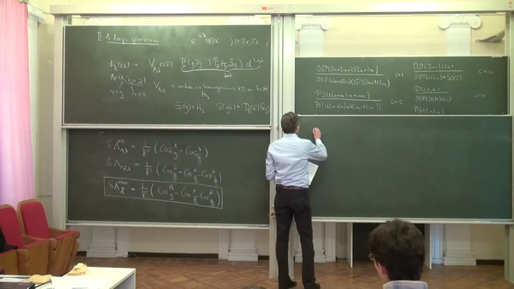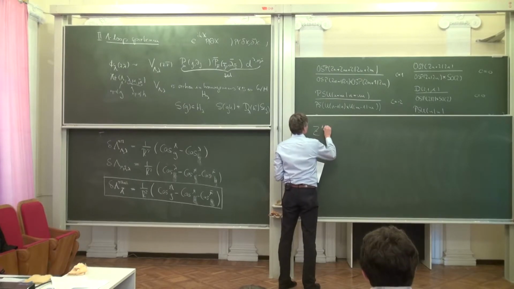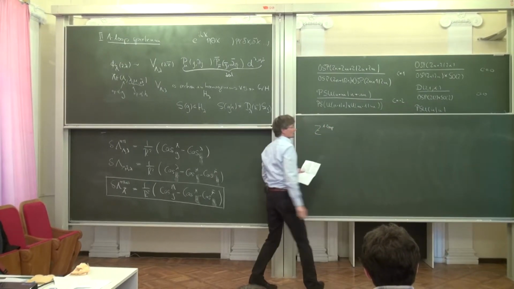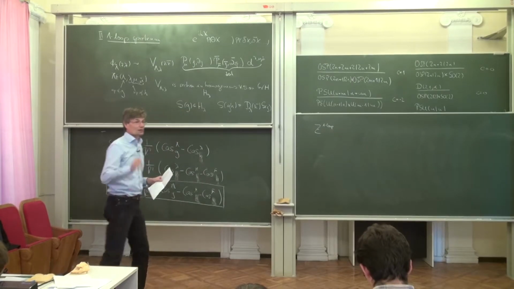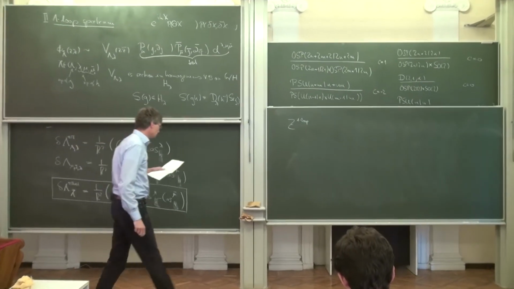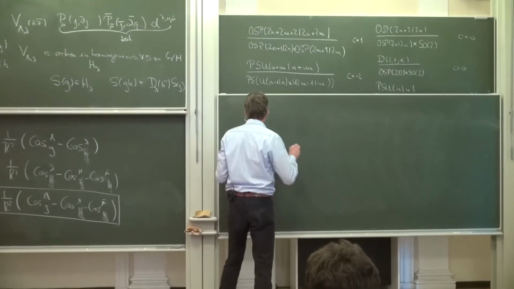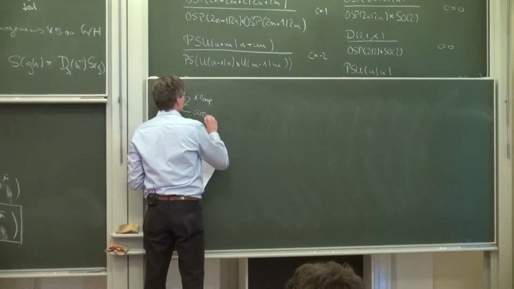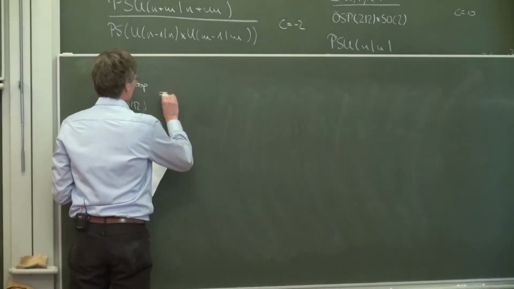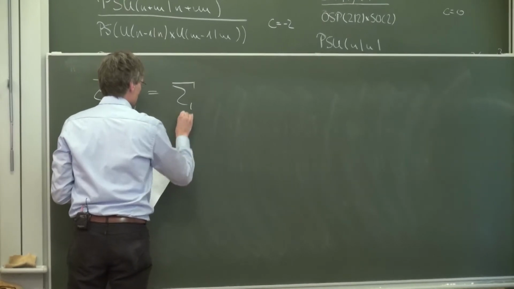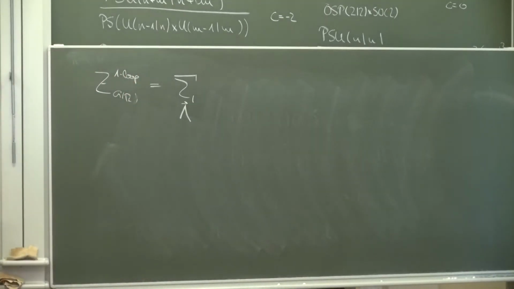So the one-loop partition function for states that have finite energy or finite dimension at infinite coupling, or zero coupling in the sigma model, infinite radius, in G mod H, would then take the following form. It's a huge sum over all these things that are in lambda.